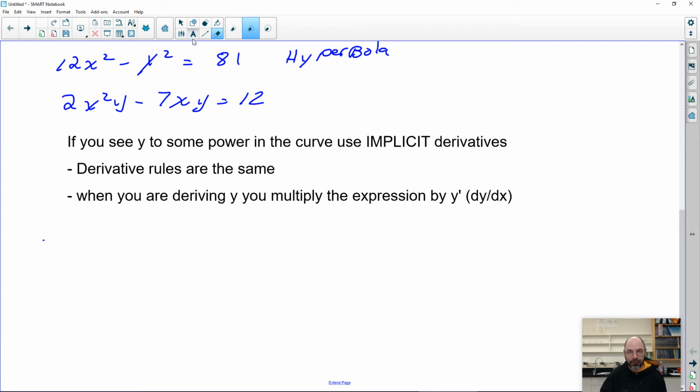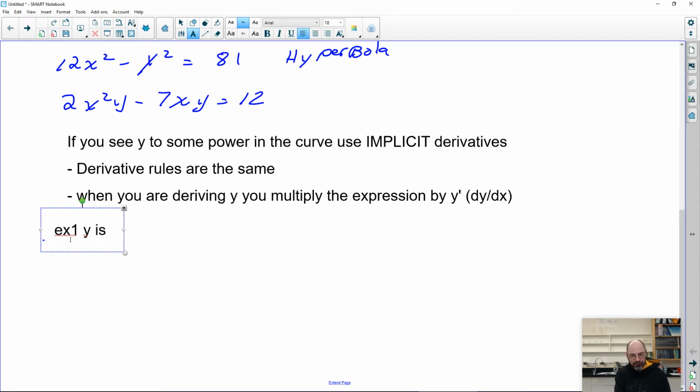All right, so example 1, y is multiplied by a constant. Now, you don't have to do implicit differentiation of this. You could just divide it out and then figure it out. That's one way you could do it. But it's the easiest type of implicit differentiation that you can do.